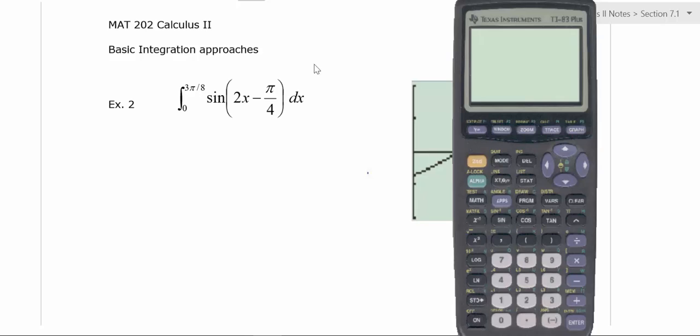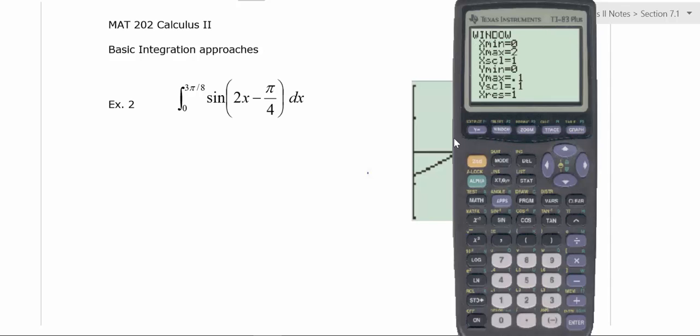Okay, so you want to make sure of a couple of things when you're doing this. You want to make sure that you're in Radian mode. So you want to be in Radian and function mode. Then we're going to put in the sine of 2x minus pi over 4, like that.